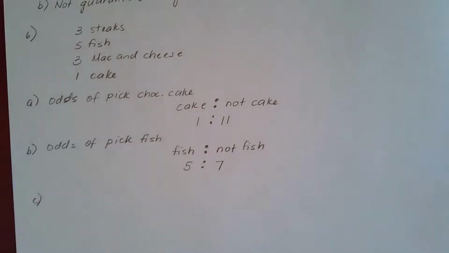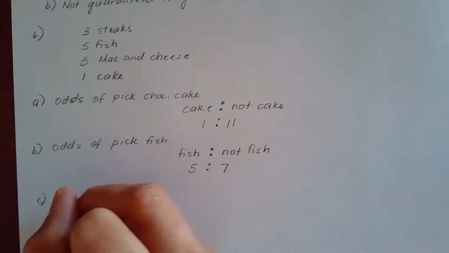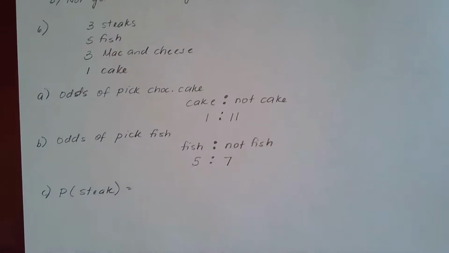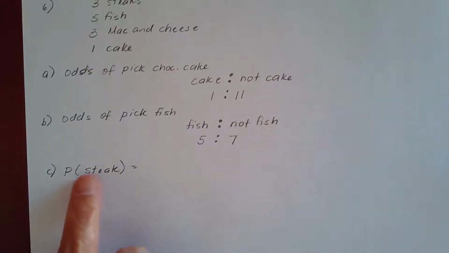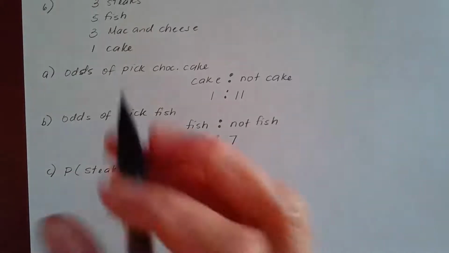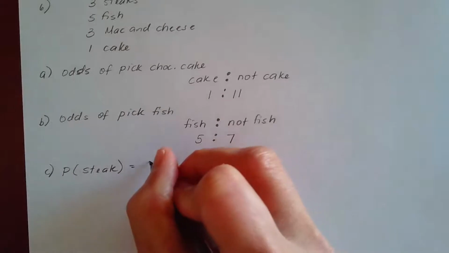Look at letter C. Now, letter C has turned to become a probability question. Letter C is the probability of picking a steak. So probability, and then this is the event that I'm talking about. The probability of getting a steak. Well, how many steaks are there? 3.